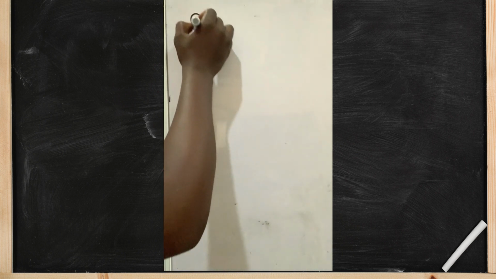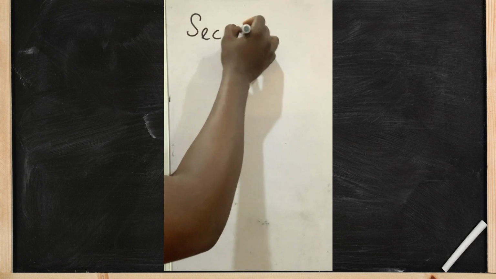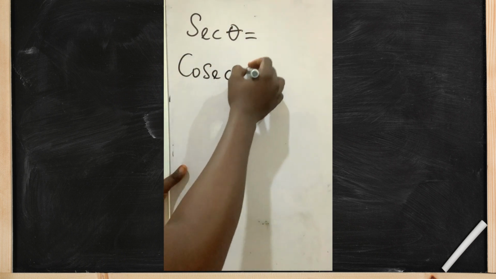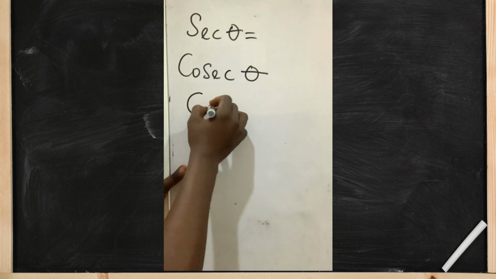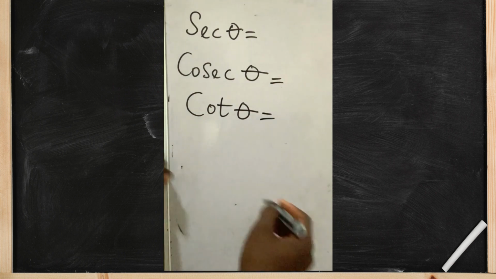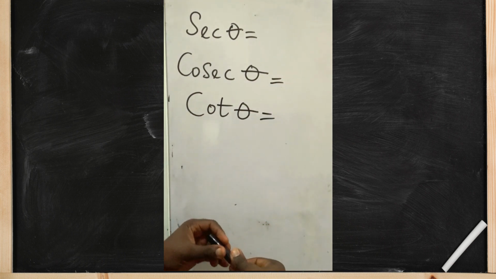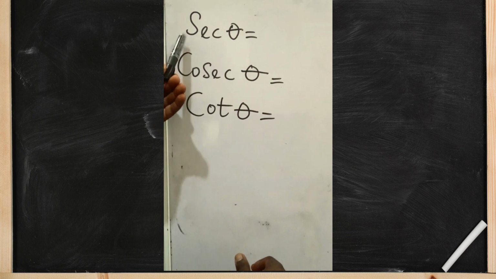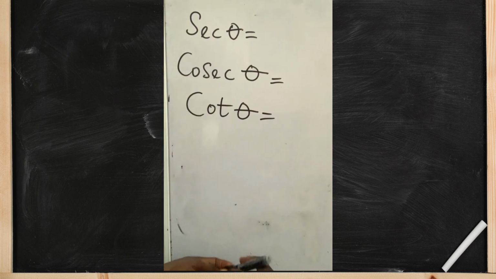Now, if they ask you for sec theta, cosec theta, and cot theta, I want to tell you that from today, you don't need to cram how to arrive at sec theta, cosec theta, and cot theta, because it is trigonometry and we are just counting three numbers.